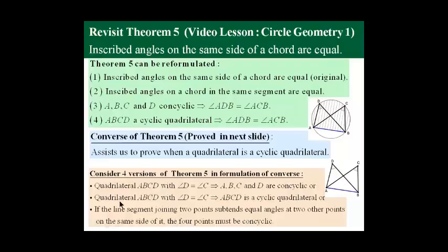If we secondly have a quadrilateral A, B, C, D, and we know that angles D and C are equal in measure, then this will imply that ABCD must be a cyclic quadrilateral.